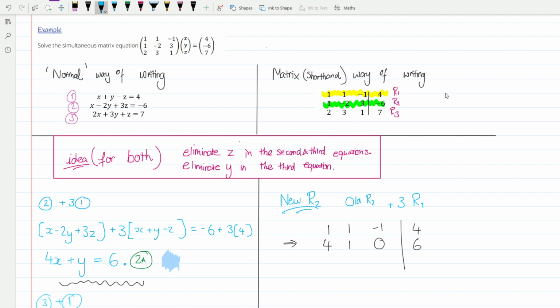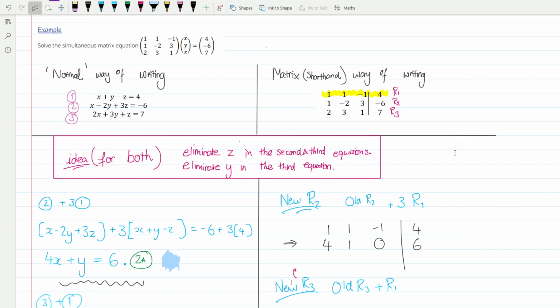Let's also replace row 3 with something shiny and new. And again, we're trying to get rid of the z's. So we're looking at the 1 here and the minus 1 here. Oh, we could add these rows together and replace row 3 with it. So it's going to be the old row 3 plus row 1. And I'll just write that here.